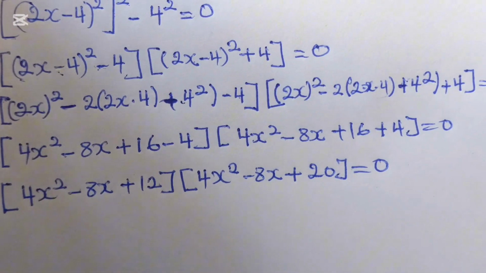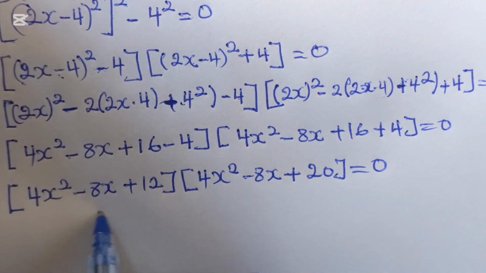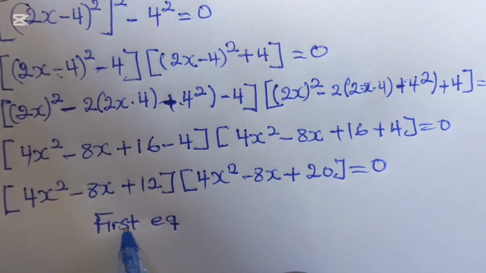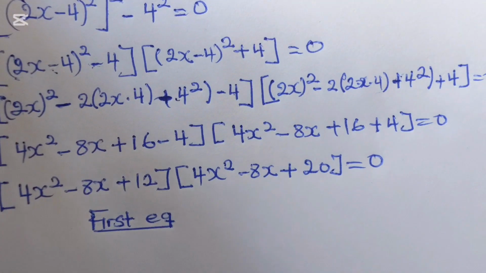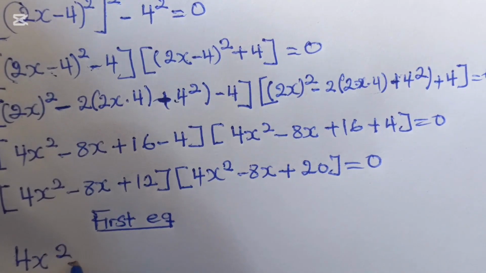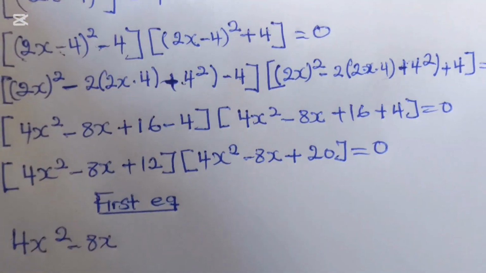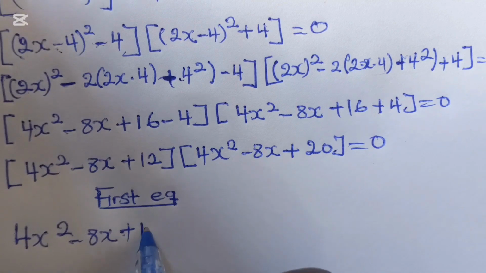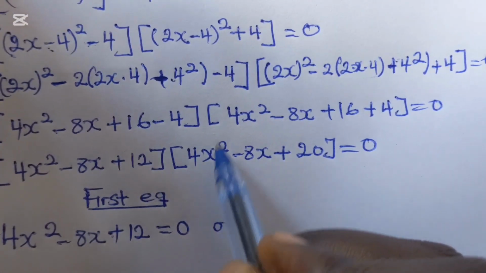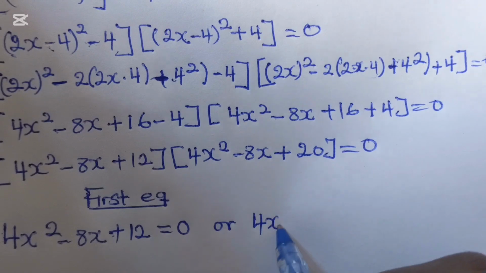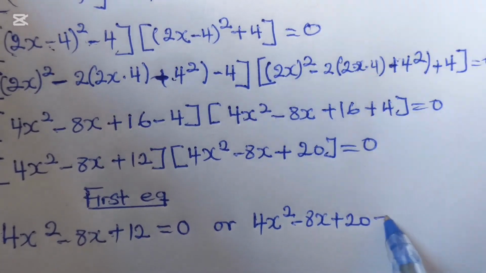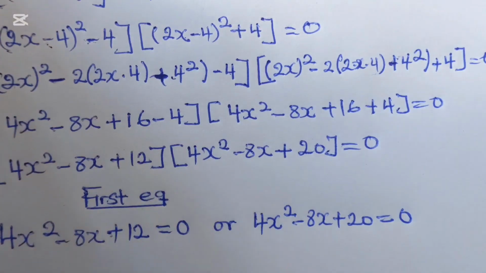The first equation provides 4x^2 - 8x + 12 = 0, or this one, 4x^2 - 8x + 20 = 0.